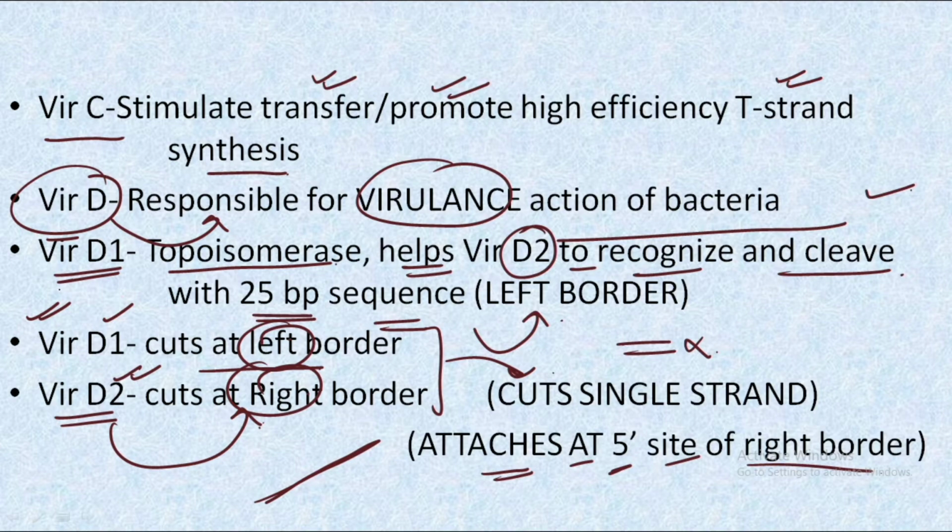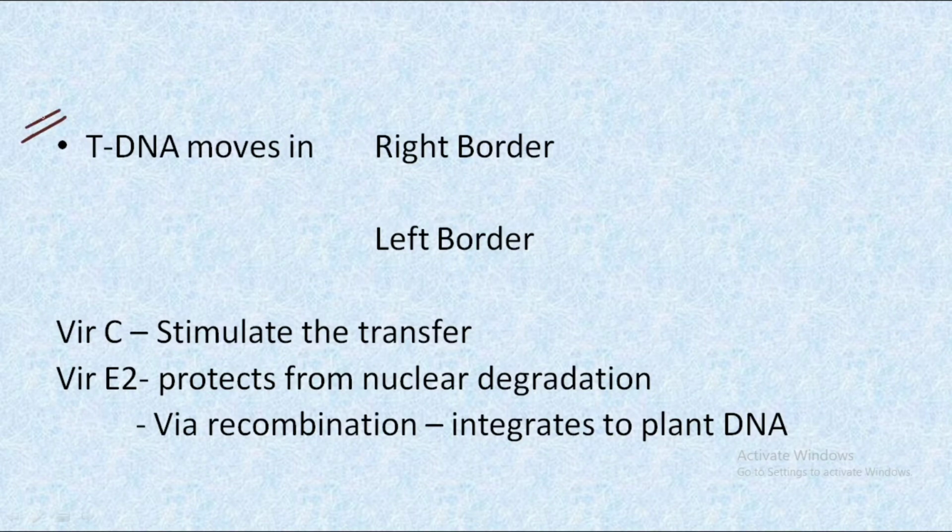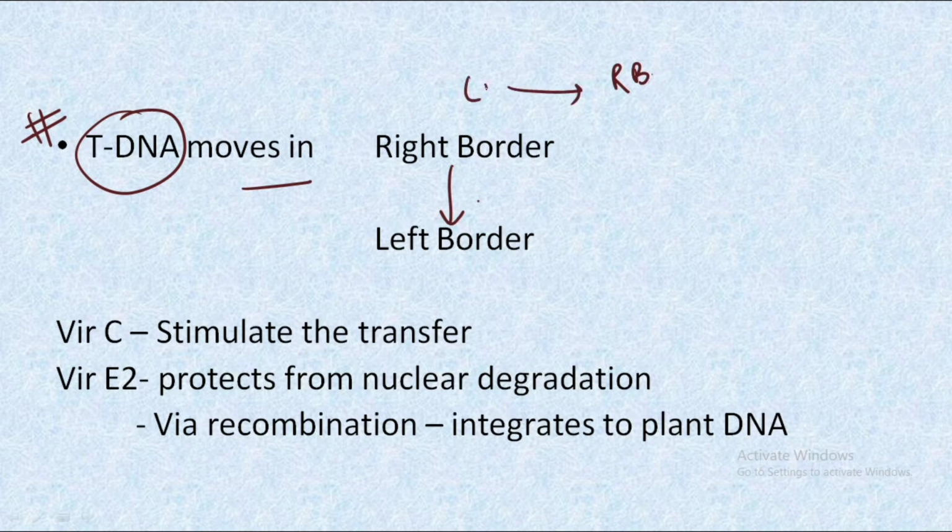Now one important point to keep in mind is that the tDNA moves in the direction from the right border towards the left border. Initially we have the right border and then we have the left border. So this is the direction in which the tDNA moves from the bacteria into the plant.